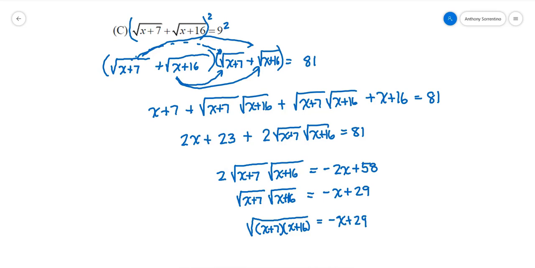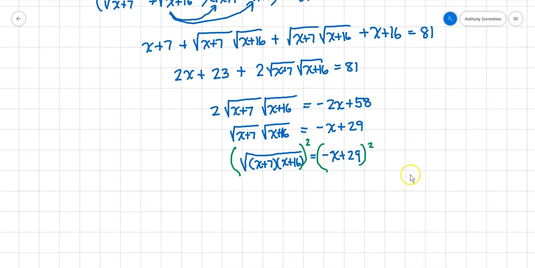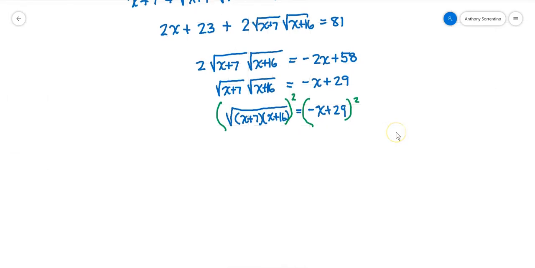I still have that radical, but now when I square both sides and do a second squaring, the radicals will now finally go away. So sometimes you might have to do more than one squaring. Of course, you have to manipulate it so that as you do it, the radicals will eventually disappear.